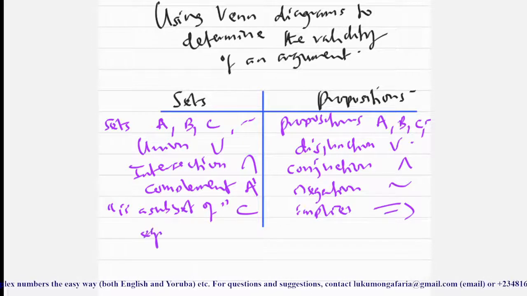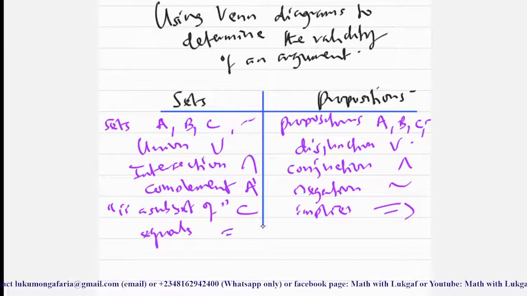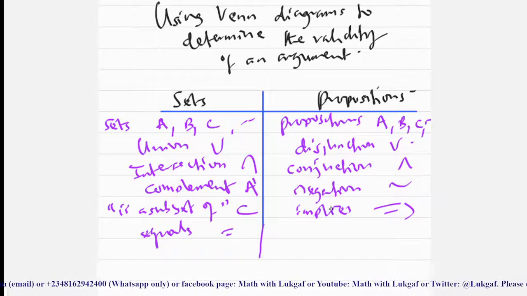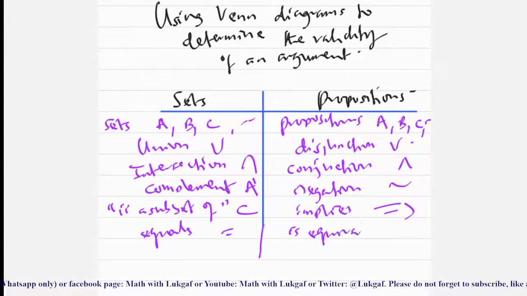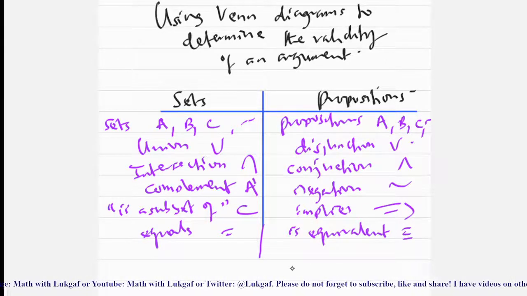Likewise, your equals. When do we say two sets are equal? When one set is a subset of the other, and the other is a subset of the first set. This equal set is not the same thing as equality. The equal set here is the same thing as equivalent in the case of propositions, or your if and only if.